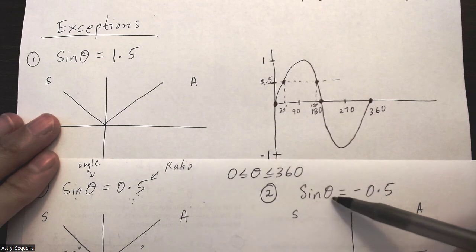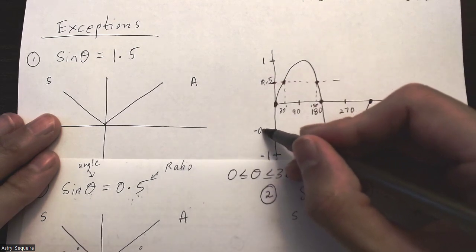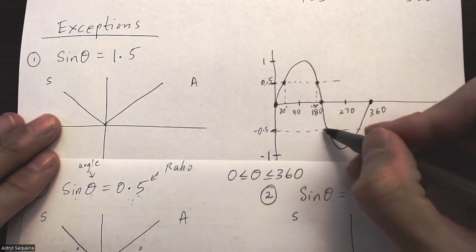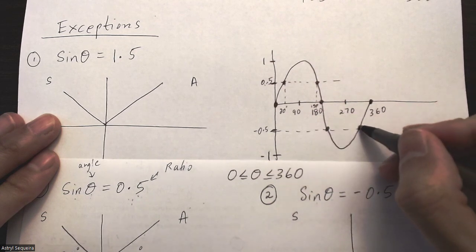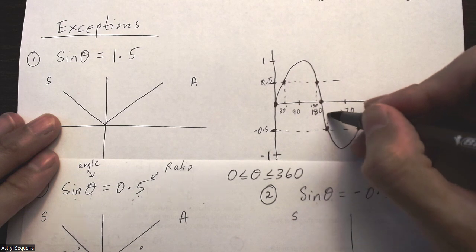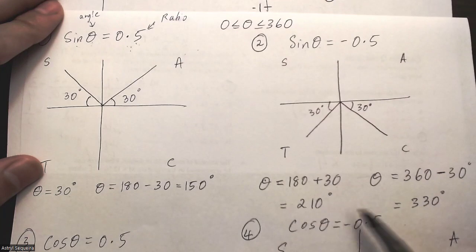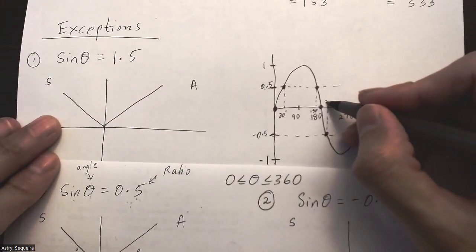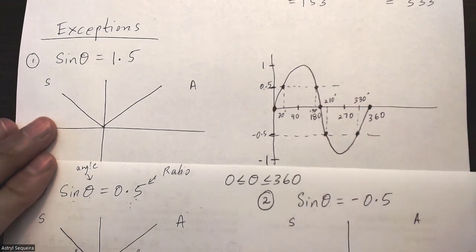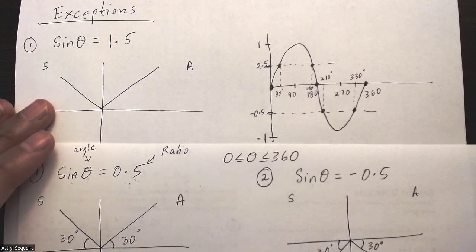In the second example, I had sine theta as negative 0.5. Negative 0.5 is down here between negative 1 and 0. I draw a dotted line across. Again, I have two solutions. And if I look at the x values of these two solutions, they're basically the two answers here, which are 210 and 330 degrees. So I hope you're understanding the CAST rule now.